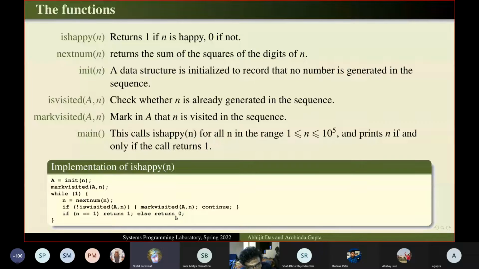No problem, right? So this is a fairly straightforward thing. Somehow I have to make this A more concrete in order to have a working code for this program.